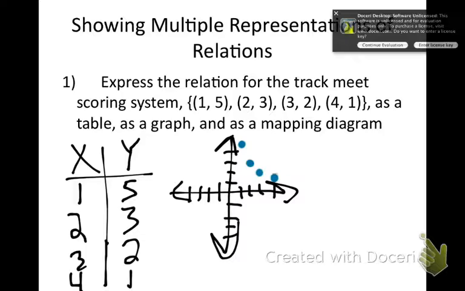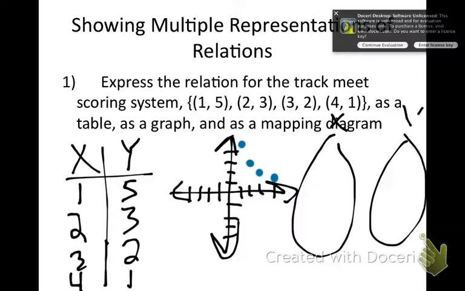And 4, 1. So I can express those points on a coordinate plane. I can also read from the coordinate plane my domain and ranges. All right. Or the third one, now you would have done this in Algebra 1. I don't think there's anything on your assignment dealing with the mapping diagrams, but just so you are aware, a mapping diagram here sort of has the ovals, okay, and it expresses all my x values here.